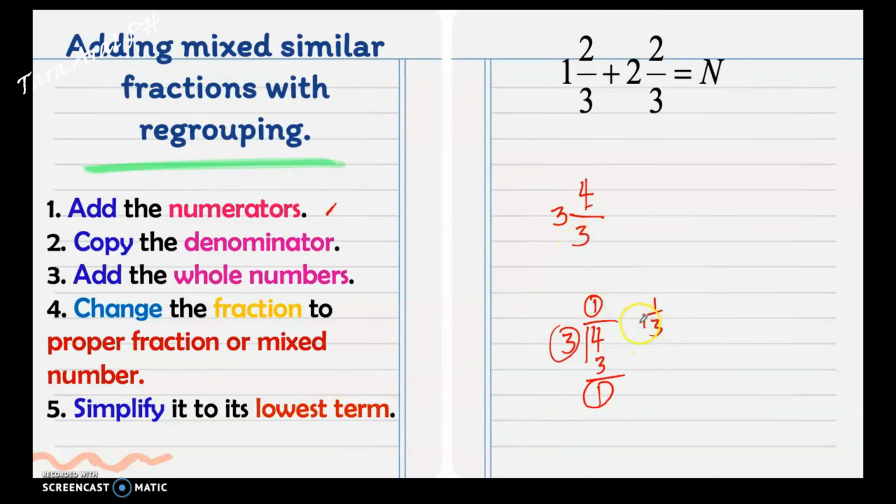Now this 1 and 1/3 will be added to 3 since we have here a whole number. Then our answer would be 3 plus 1, we have 4, then 1/3. And our final answer is 4 and 1/3. It's already in simplest form, so that's our final answer.